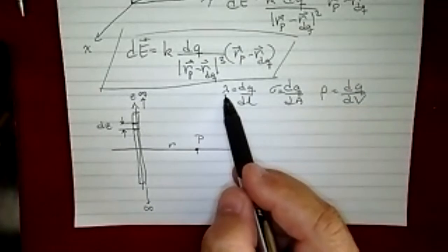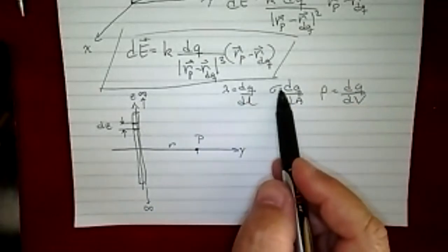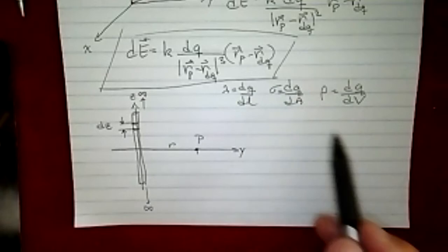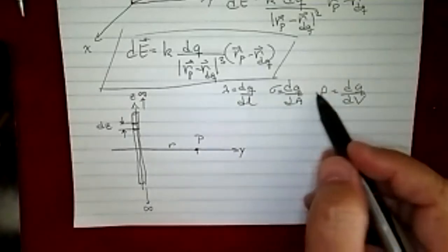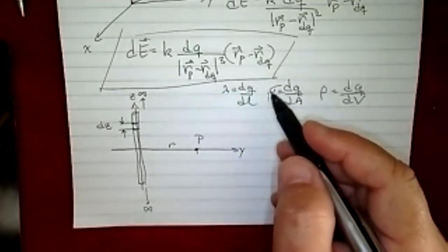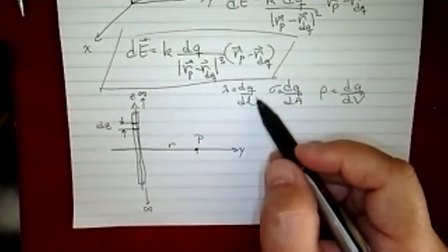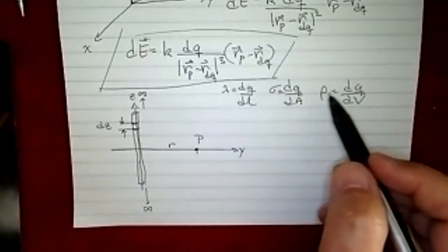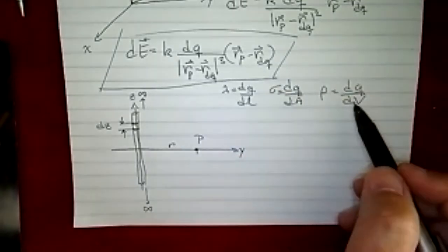So lambda is a charge per unit length, sigma is a charge per unit area, and rho is a charge per unit volume. And in fact, if you imagine these to be constants, then you get simple formulas like dq equals lambda dl, or dq equals sigma dA, or dq equals rho dV.